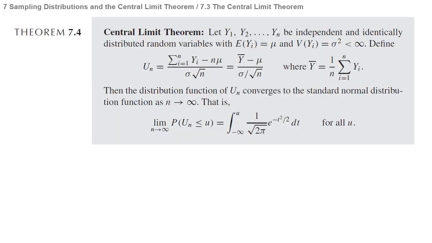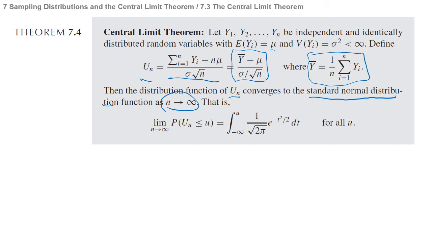Here is a more rigorous definition of the central limit theorem, which is Theorem 7.4. Let Y1, Y2, ..., Yn be independent and identically distributed random variables with expected value of Yi equals mu and variance of Yi equals sigma squared, which is less than infinity. Let's define Un this way, a function of Y bar, where Y bar is the average of the Yi's. Then the distribution function of Un converges to the standard normal distribution function as n goes to infinity.